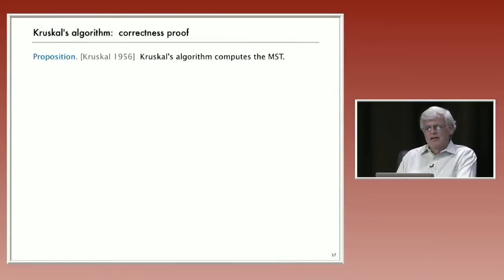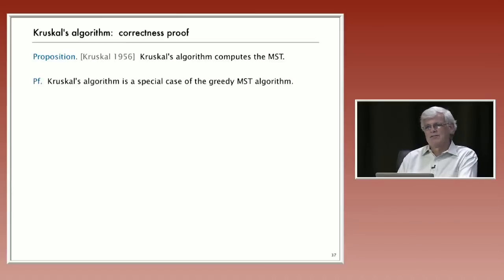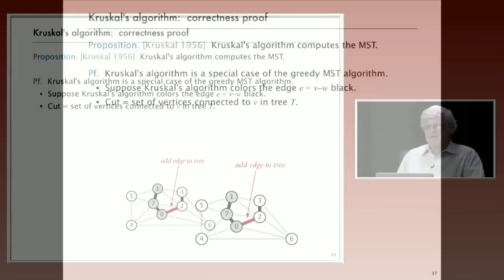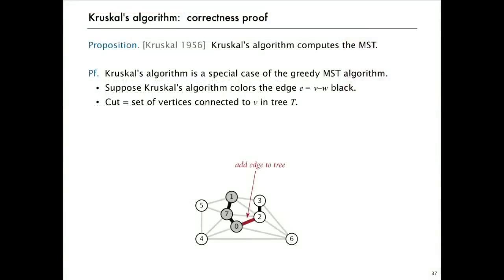All right, so it's easy to implement. We have to prove that it computes the MST, of course, and we've done a lot of work setting that up, and we do so just by proving that it's a special case of the greedy MST algorithm. So what does that mean? Well, suppose that Kruskal's algorithm colors a given edge black, say it's VW.